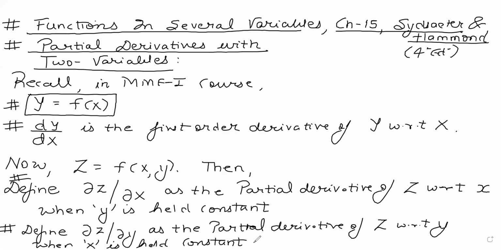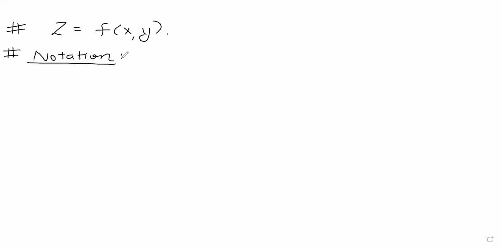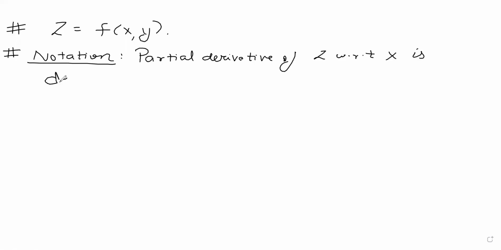Okay, so now we can use the following notations. When z is now a function of x and y, I can use the following notations which will be used again and again. Different books will be using different notations. So I can say the partial derivative of z with respect to x is denoted by del z by del x.